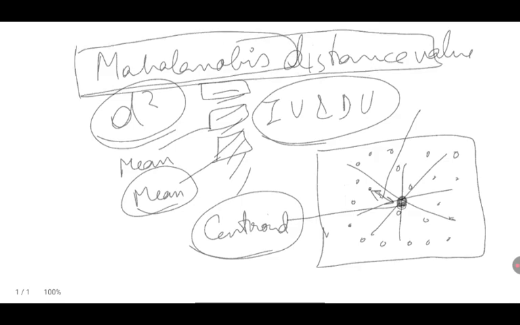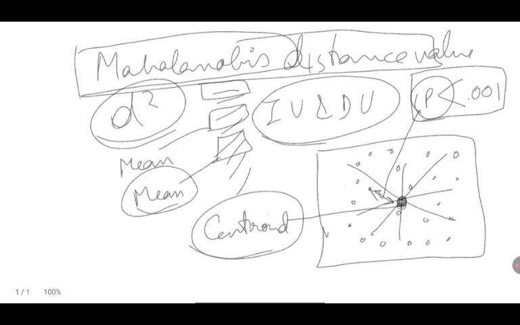And there's a p-value associated with this Mahalanobis distance, which should be not lesser than 0.001. If the p-value is lesser than 0.001, that means that's a significant Mahalanobis distance. And by significant Mahalanobis distance, we mean that it will be an outlier.